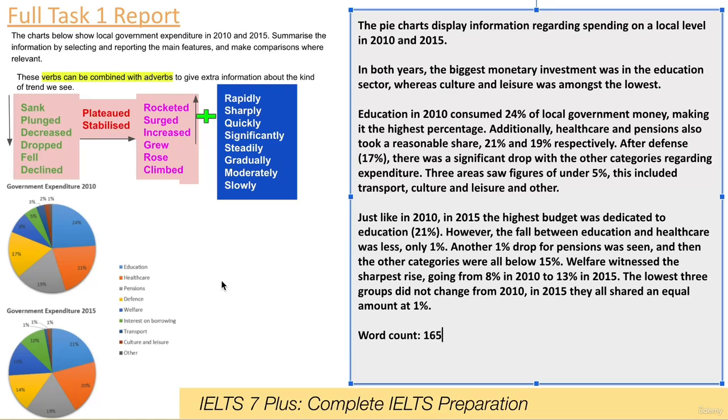We can always add in if you've got time, you could perhaps draw another example or put in some more data. But I think this provides a really good structure for you to follow, so then you can draw your own examples from the pie charts there. Okay then, so that was our first task of today, pie charts.